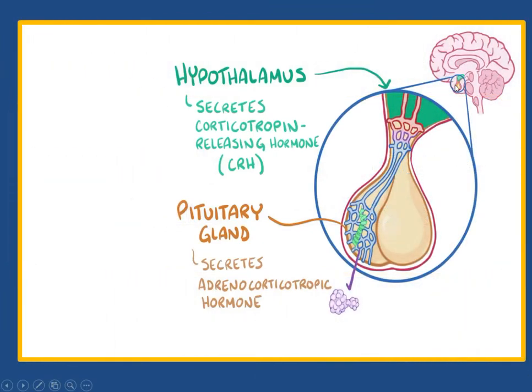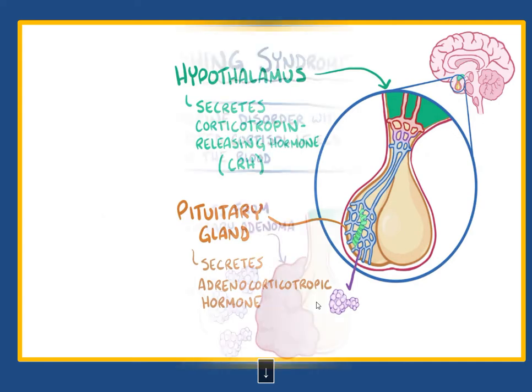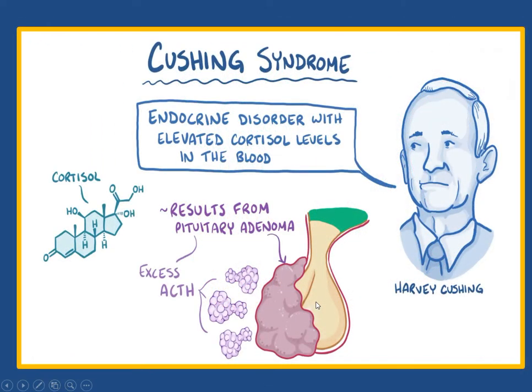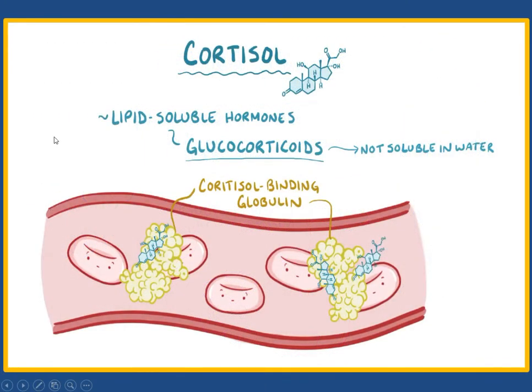The hypothalamus secretes corticotropin-releasing hormone, CRH. CRH stimulates the pituitary gland, which secretes the adrenocorticotropic hormone. And adrenocorticotropic hormone stimulates the activity of the adrenal cortex and results in the secretion of cortisol and other corticosteroids.